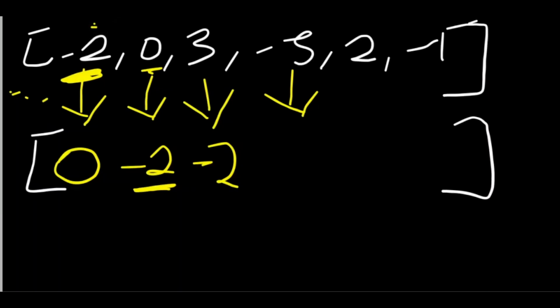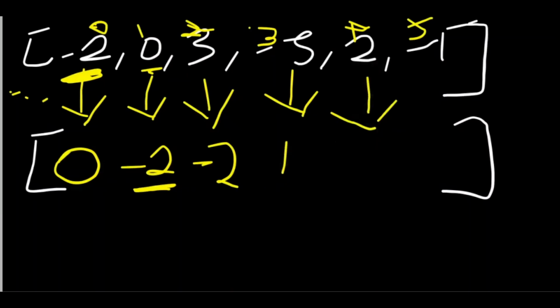Now let me just put this disclaimer here so it is a bit easier to remember. So basically this is the third index, and what is the sum of all the previous numbers before it? This is just 3 minus 2, which is 1.